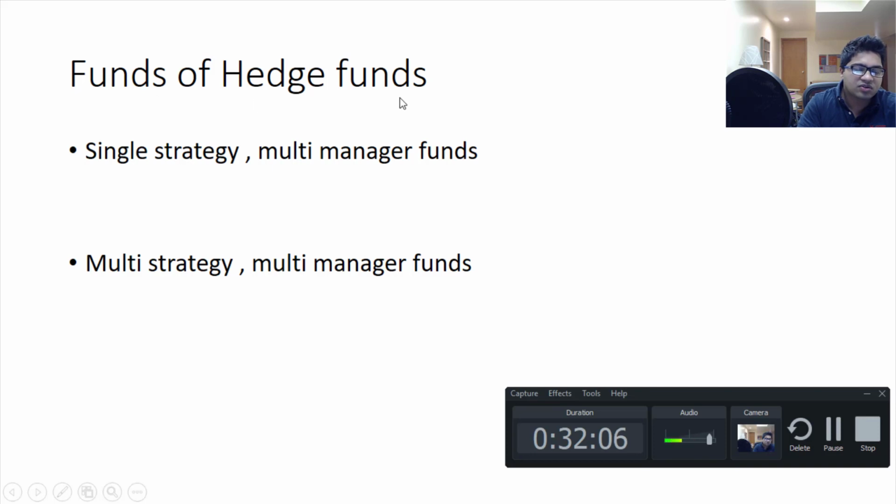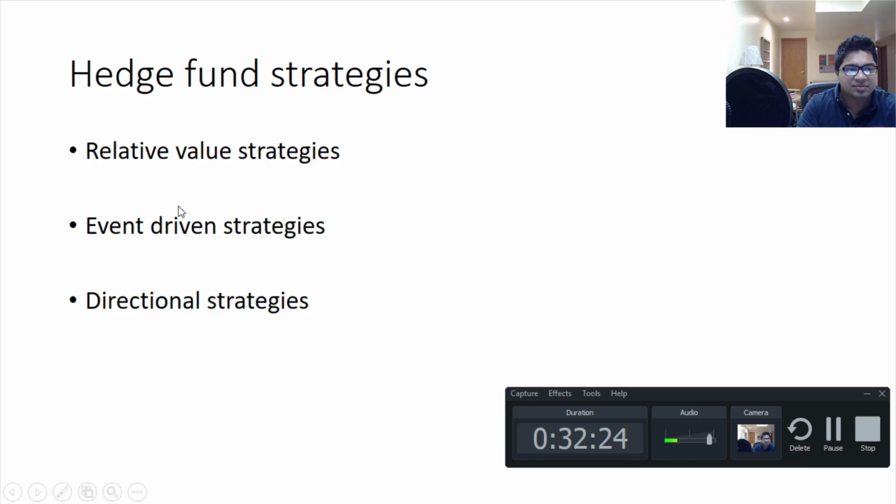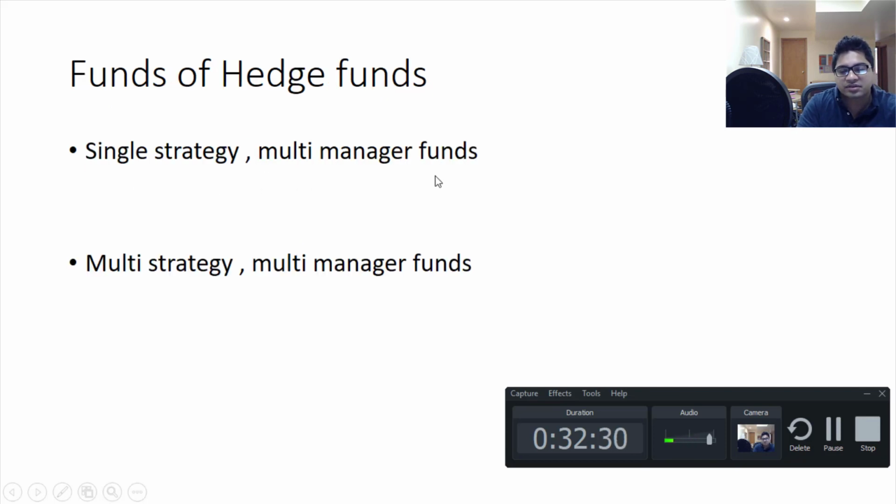Now funds of funds, so these are mutual funds that invest in hedge funds. Minimum amount to invest is generally around 25,000. There can be a single strategy multi-manager fund. Such hedge funds invest in the same strategy, for example, if they only invest in relative value hedge funds, but they invest with multiple managers, so they invest in different hedge funds.